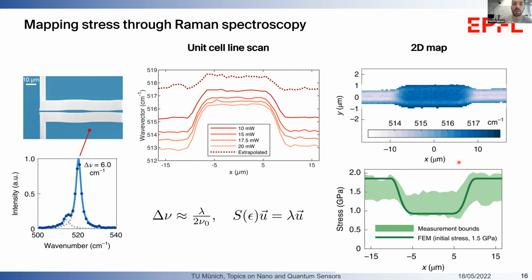And then we could use the empirical strain stiffness coefficients to reconstruct the stress point by point, also taking into account the local heating introduced by the laser. So we did that power sweep to extrapolate away, very roughly, the temperature effects due to the laser heating of the nanostring.